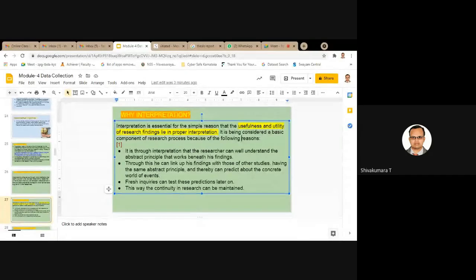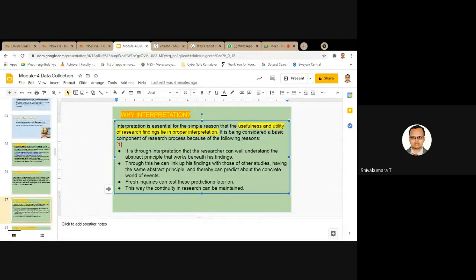If you look at a car as a simple object, you will not come to know in detail about the car. When you start researching the car and which theories are applied to build that car, and so on, you are going to learn in detail and understand the natural facts of how they are implemented. All those things you are going to gain through this. The researcher can link up his findings with those of other studies. So one has built the car.